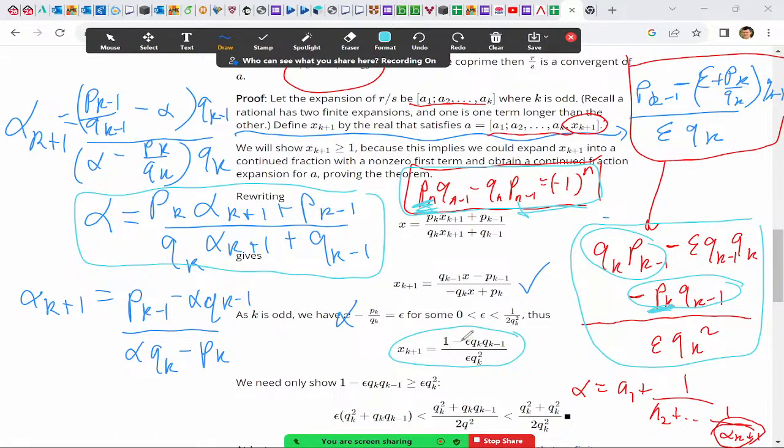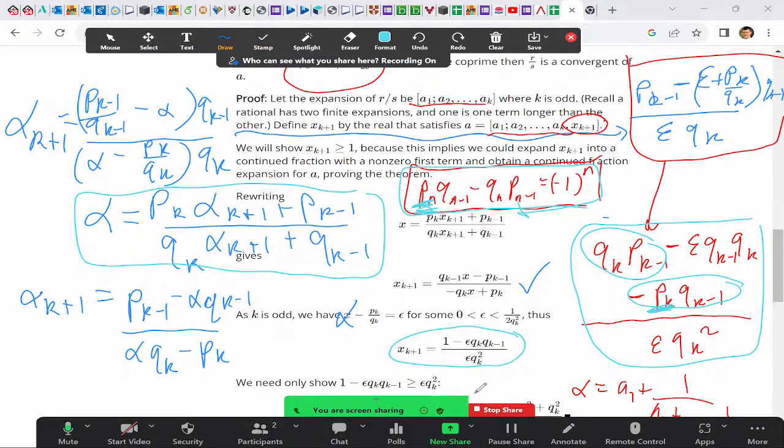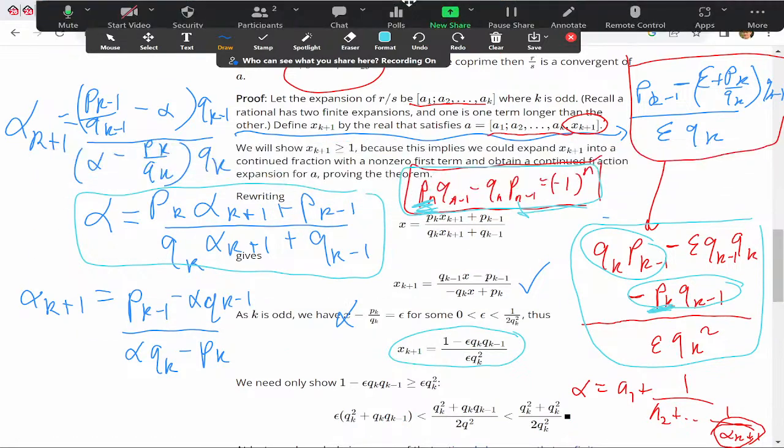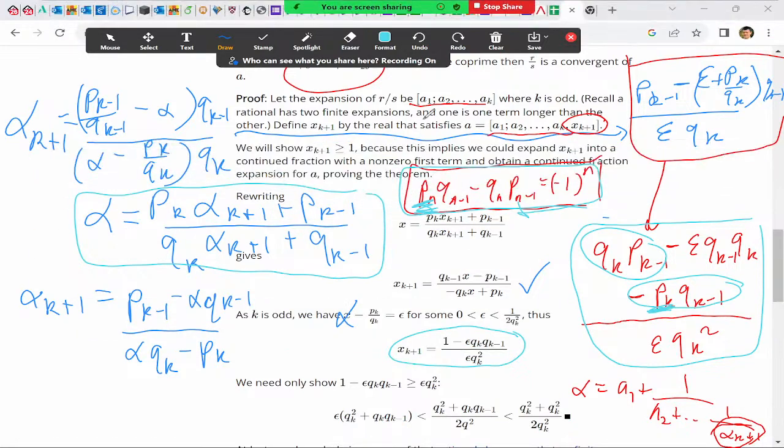Yeah. To get the top to be greater than the bottom, basically you need to show that this thing is less than 1, right? Epsilon is by definition less than 1 on 2 qk squared, right? So for this to be less than 1, you just need qk times qk minus 1 to be less than qk squared. Yeah. We need epsilon qk, and you just need qk minus 1 to be less than qk.